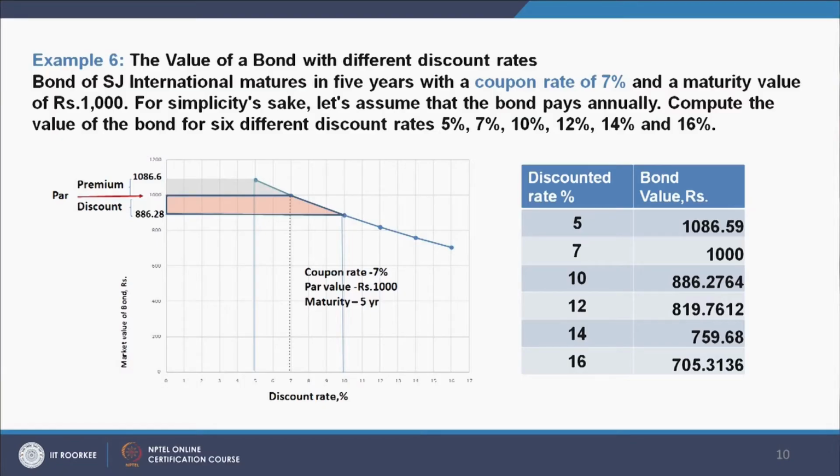In this example, we have calculated the value of the bond with different discount rates: 5%, 7%, 10%, 12%, 14% and 16%. So, here we see when it is 5%, the value of the bond is 1086.59; when it is 7%, it is 1000; when it is 10%, it is 886.2764; when it is 12%, it is 819.7612; when it is 14%, it is 759.68; and when it is 16%, it is 705.3136.